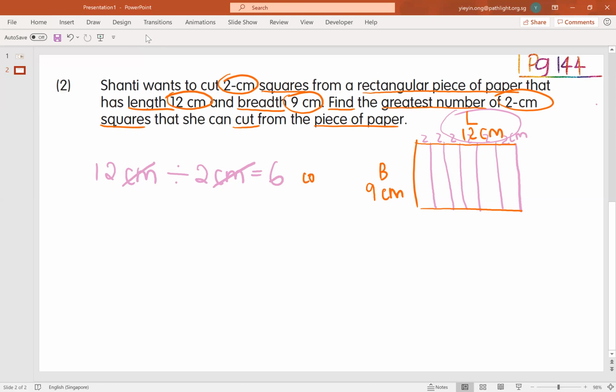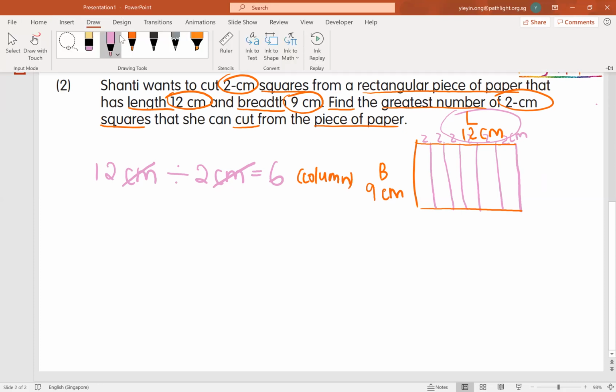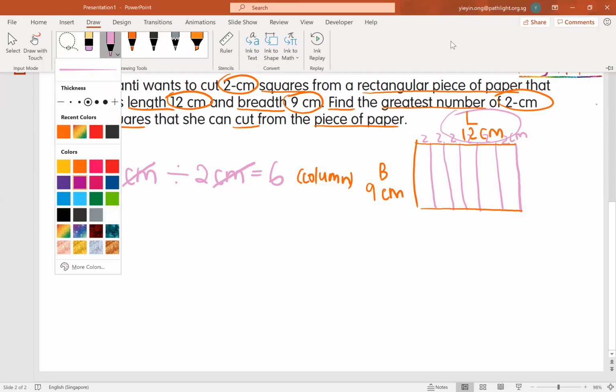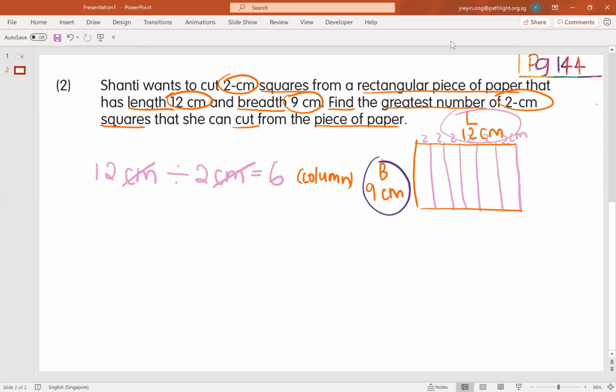I can write column at the side so that I know what the 6 is. Next, I'm going to look at the breadth. The breadth is 9 centimeters. So I can cut nicely into 2 centimeters, 2, 2, 2.